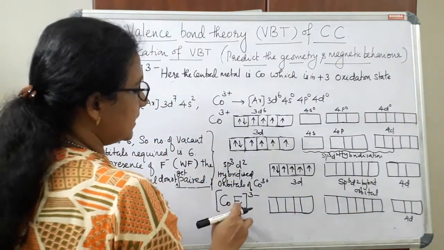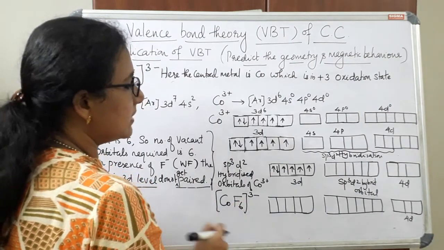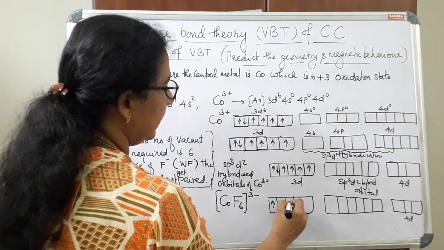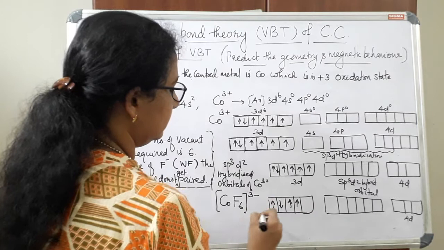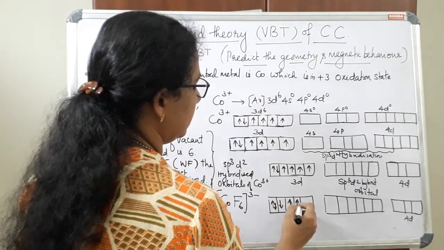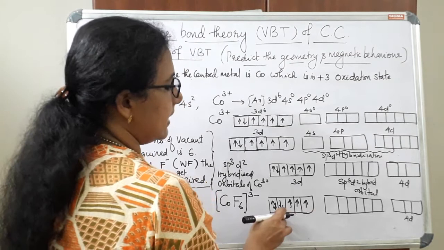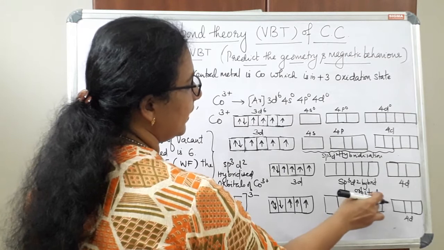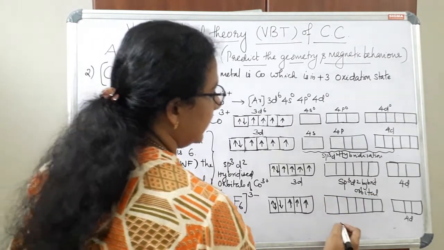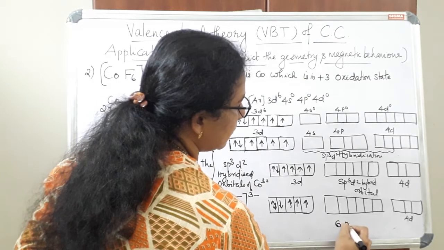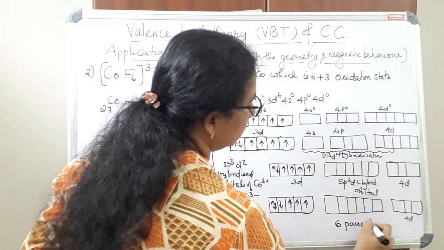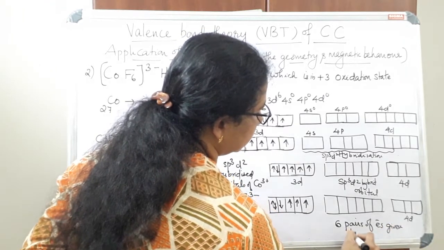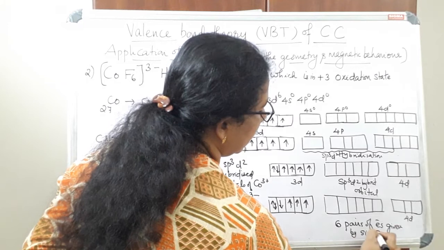Now the CoF6 formation: how is this complex formed? The 3d level will be the same, and here is the new set of hybrid orbitals, the vacant orbitals. The 6 pairs of electrons are given by the 6 fluoride ions.